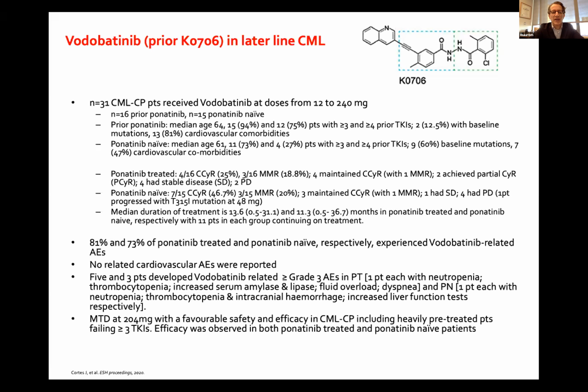We've settled on the maximally tolerated dose, and I think this was quite appropriate to look at both ponatinib exposed and ponatinib naive patients, who were slightly different with regards to their cardiovascular comorbidities, as I highlighted, and their mutational status. But I think the activity which we see in prior ponatinib treatment, cytogenetic and molecular responses, perhaps greater in the ponatinib naive population, is very encouraging.